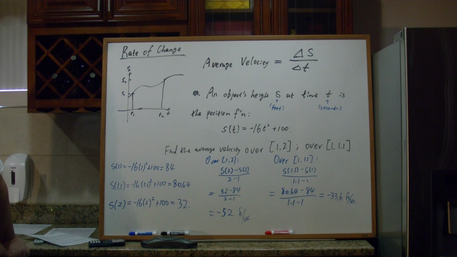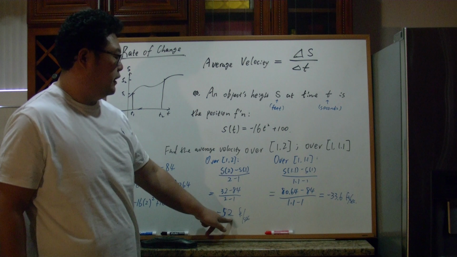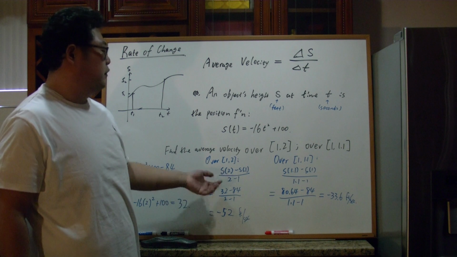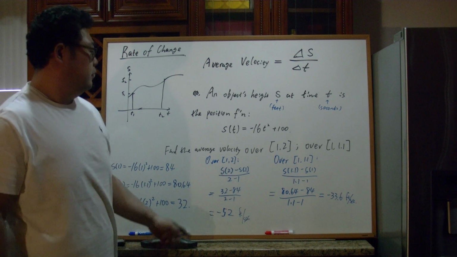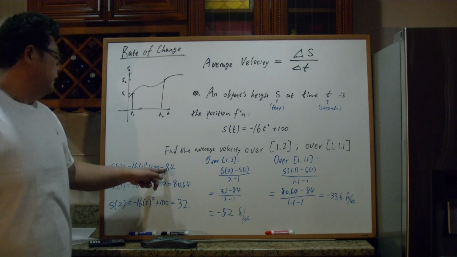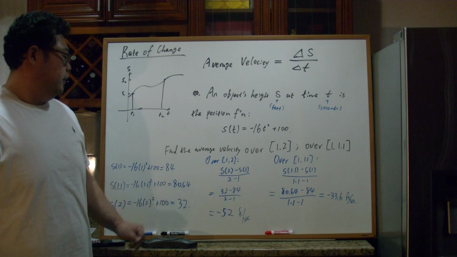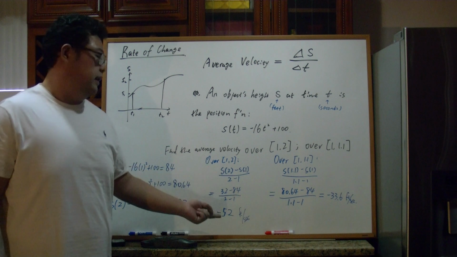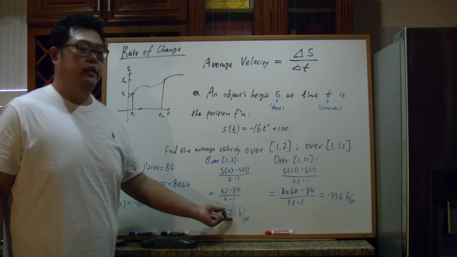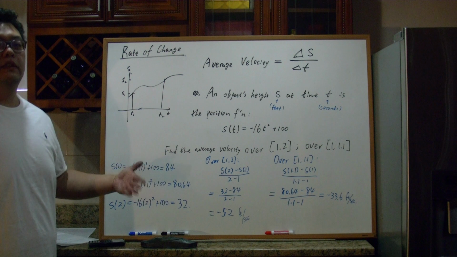Average velocity is the distance it moves over the time it takes to move. Even though it's a curve, if we take it on average, it will move the same distance in the time passing. From 1 second to 2 seconds, it goes from the position at 84 feet to the position at 32 feet. Moving 1 second at an average velocity of negative 52 feet per second, it will move 52 feet downwards.